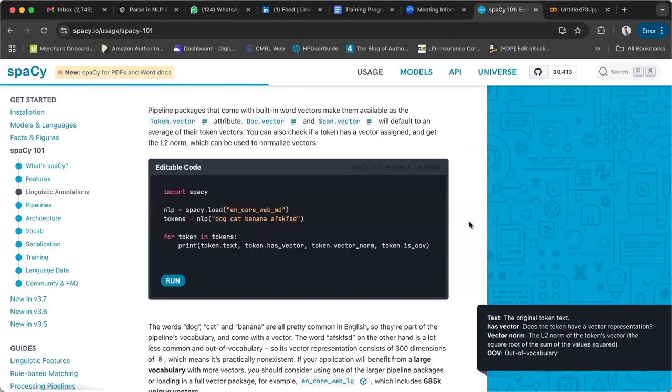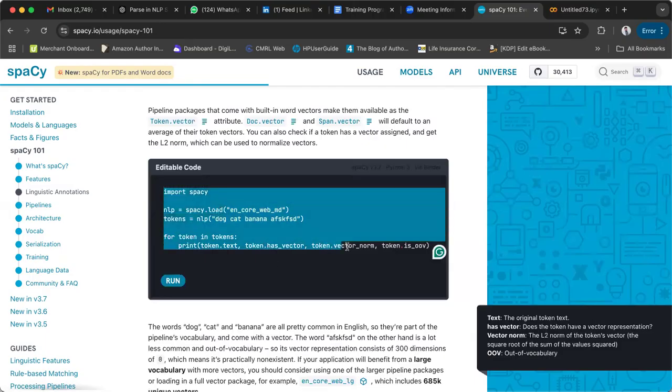Here also, benchmarking or normalization happens with respect to the context of your sentences. So see here, dog, cat, banana, some kind of weird words. What does it mean?